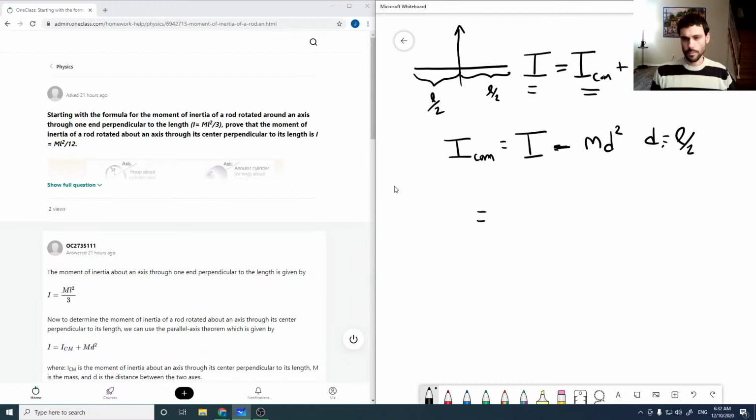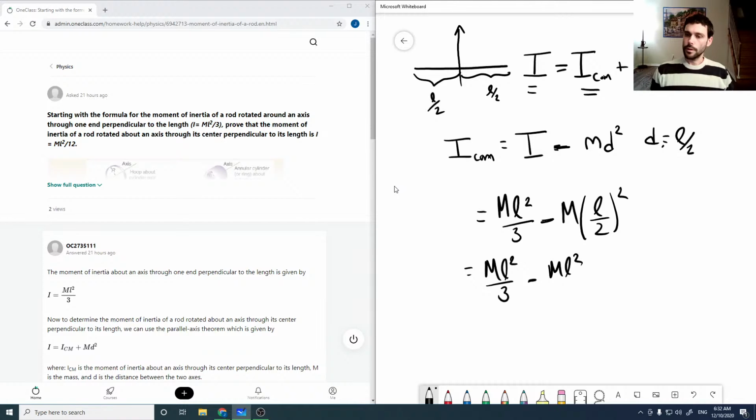So this would be mL squared over 3 minus m L over 2 squared, which is mL squared over 3 minus mL squared over 4. And now giving them similar denominators, so 4mL squared over 12 minus 3mL squared over 12.